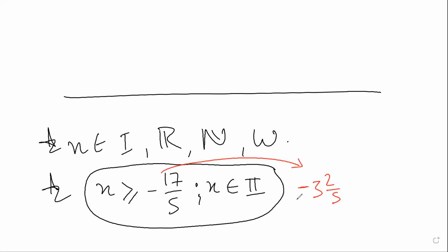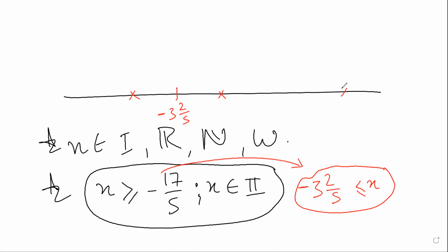So x is greater than or equal to -3 2/5. You need to identify this on the number line. So -3 2/5 would be here, and -3 would be on the left side or the right side, Mr. Siba? Minus 3 would be on the left side. On the left side. This side or this side?